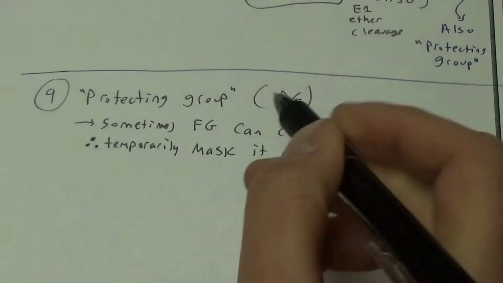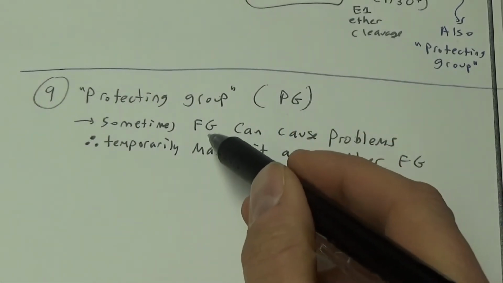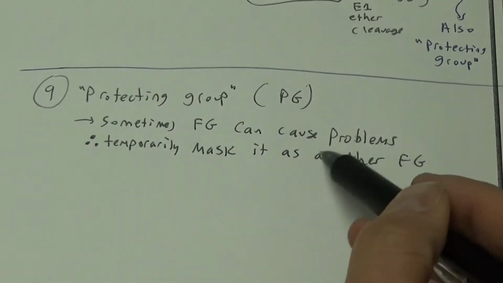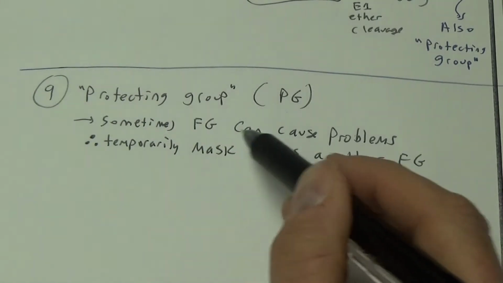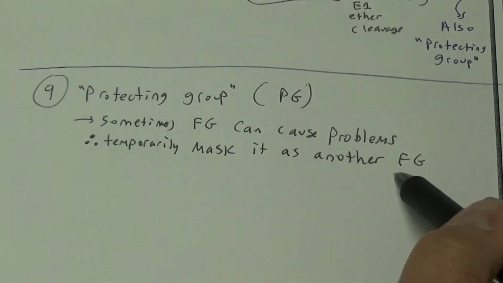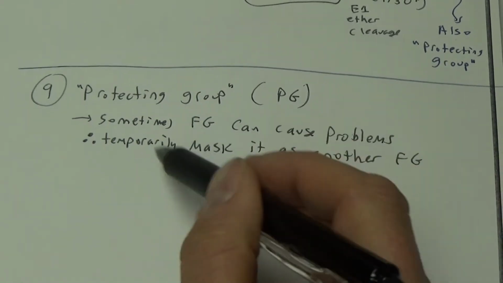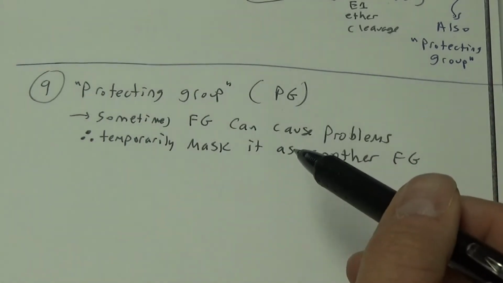That's the concept that we're describing. Sometimes an alcohol might be a problem, so let's make it an ether temporarily. We'll turn an alcohol into an ether, and then we can take the ether off later and return it back to an alcohol. That's the whole concept of protecting groups.